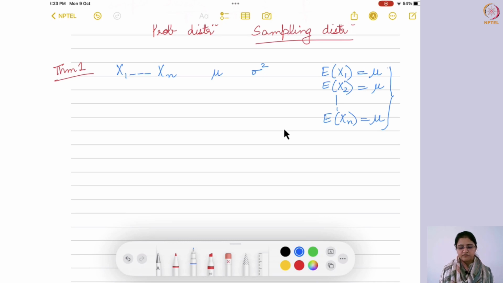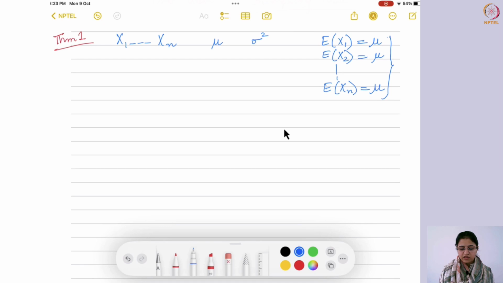Similarly, if you look at the variance, then variance of the first observation would again be the same as variance of the second random variable, and this will keep on continuing till the xn random variable, and all of these would be the same as sigma square.